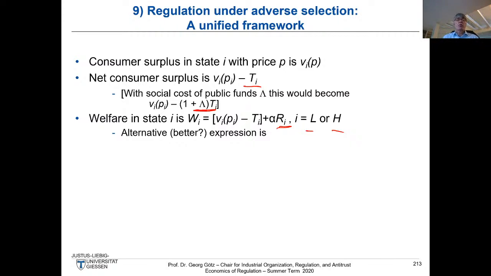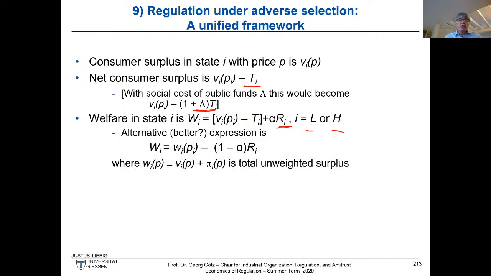And here, as we introduced, the rent of the firm does not enter as in standard partial equilibrium analysis, when we consider total surplus, where the rent of the firm just gets the weight of 1, and we just sum up consumer surplus plus profit or producer surplus. Here we assign only a weight alpha, which is something between 0 and 1. Okay, very often it will be just 0.